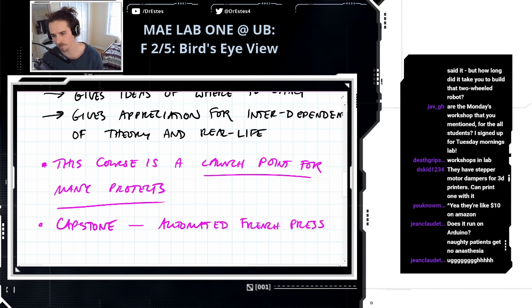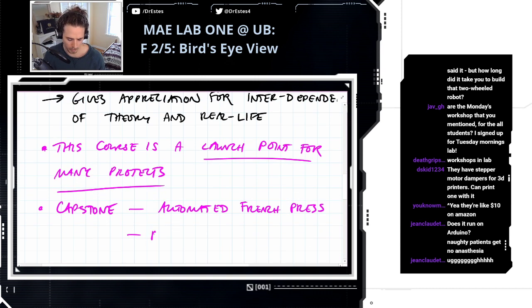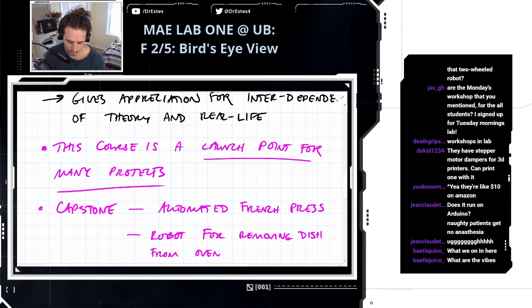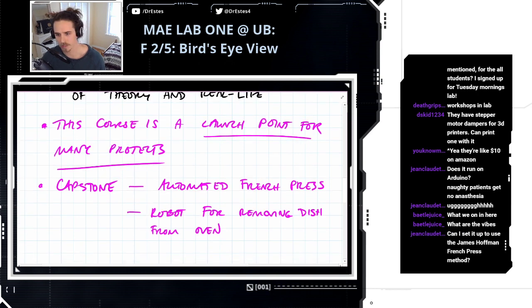So for all you coffee lovers, and for you coffee snobs who think French press coffee is always better, they made an automated one. They used Arduino to do everything, and some solenoids, some different actuators. Some Capstone group built a robot for removing a dish from the oven. So that's something to keep in mind too.